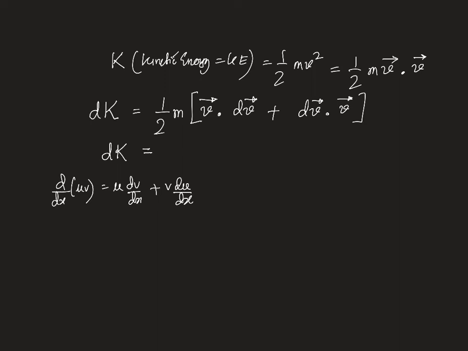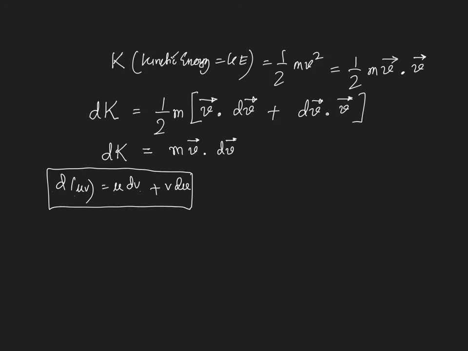Without this dx it also works, so you can remove the dx. So this is the same thing we have done, and dK, for kinetic energy, is m v dot dv.